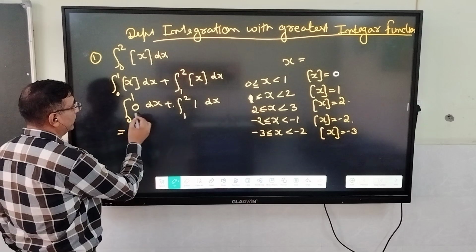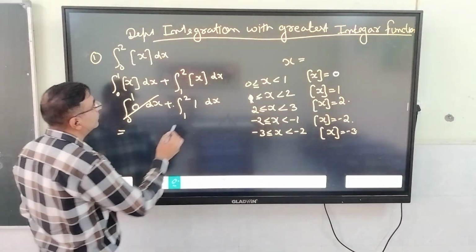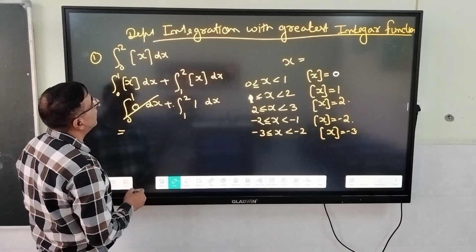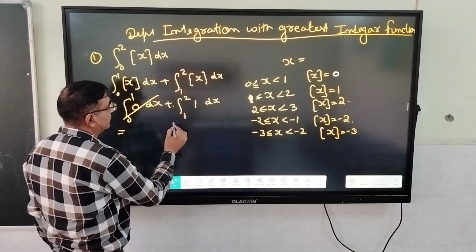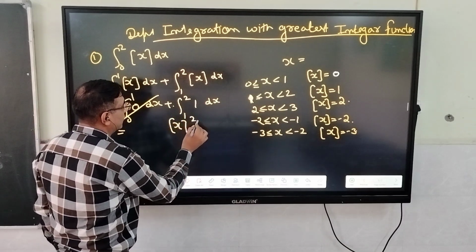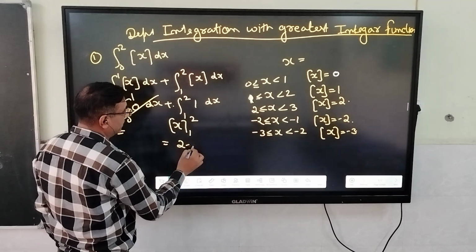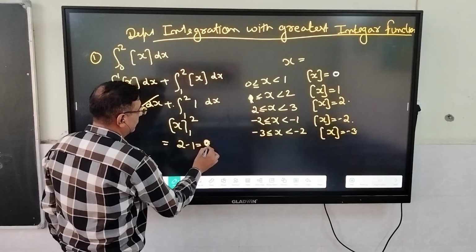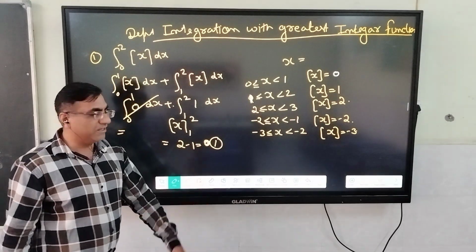So the first part is 0 and the second is x from 1 to 2. Taking the limit, 2 minus 1 is equal to 1. This will be the answer.